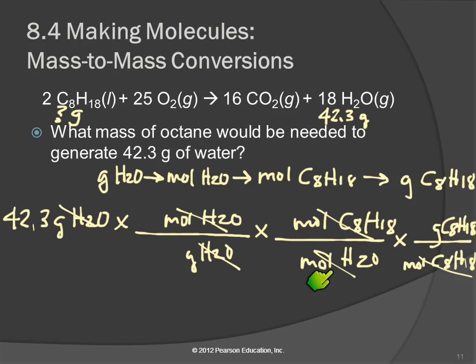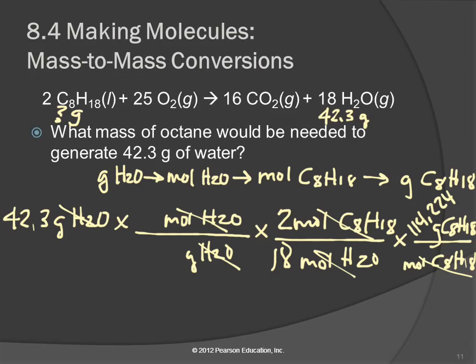C8H18. The mole to mole ratio comes from the equation. There's a 2 in front of octane, so I want to put a 2 in front of octane. There's an 18 in front of water, so I'm going to put an 18 in front of the water. This last one, we already calculated that molar mass, so we don't have to do that again.